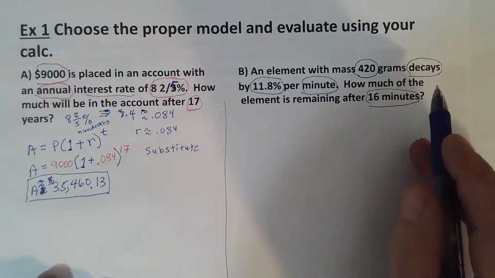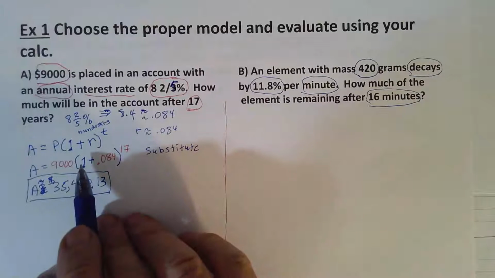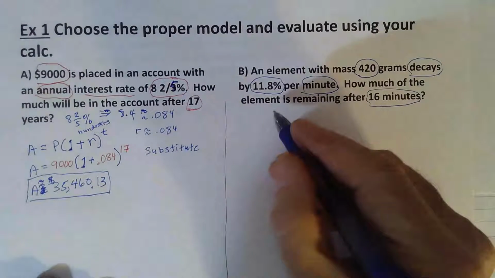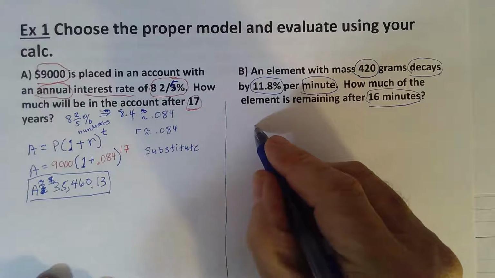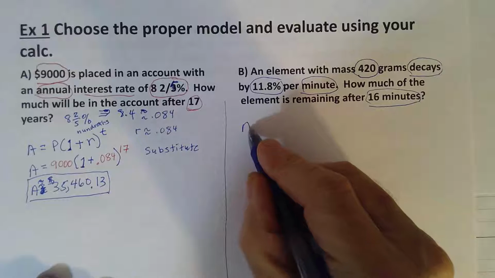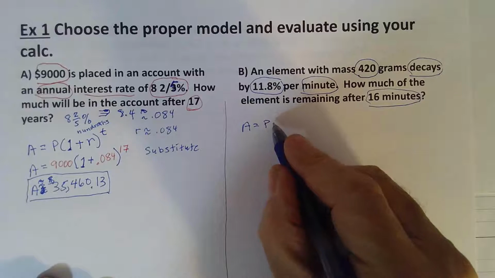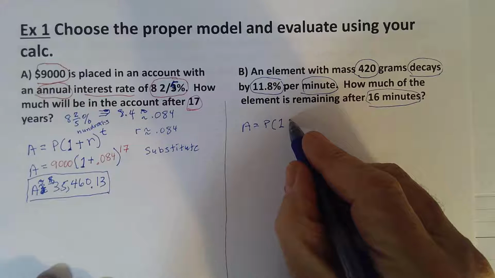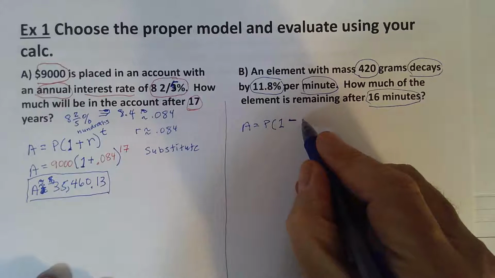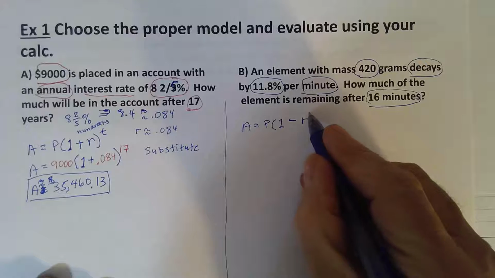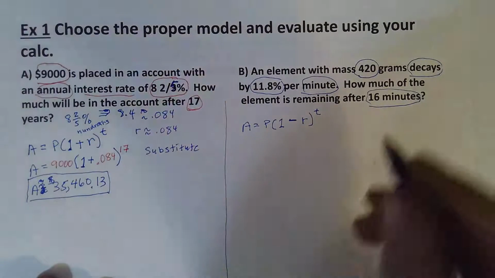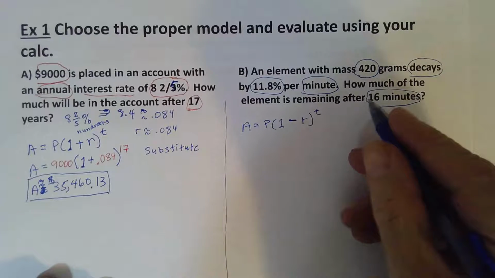This is decay. We're going to use the same formula, but we're just going to change it. Instead of having this plus sign, we're going to have a negative sign. So we'll rewrite that as A equals initial amount P times 1 minus the rate to the time power. Okay? And in this case, we have 11.8%.